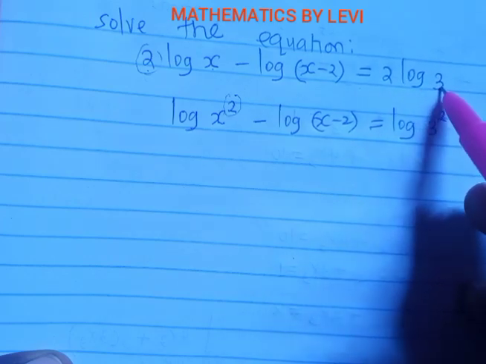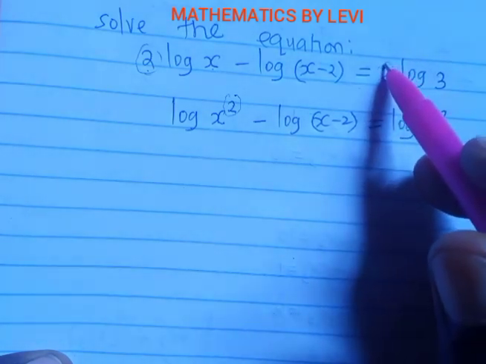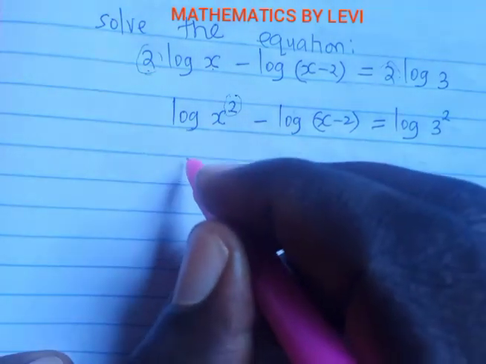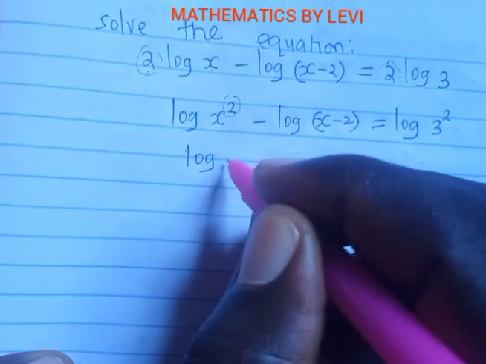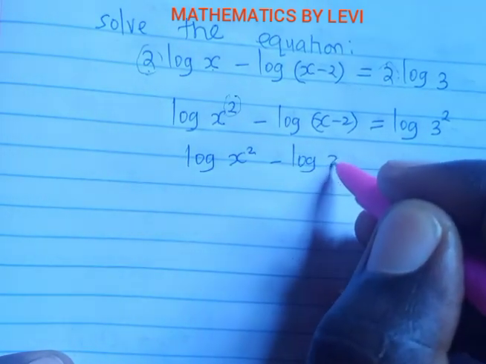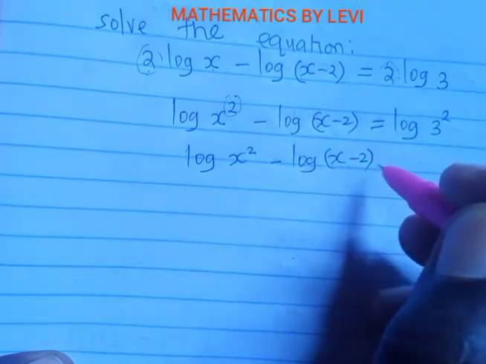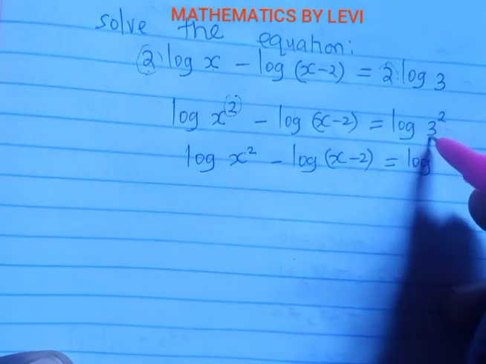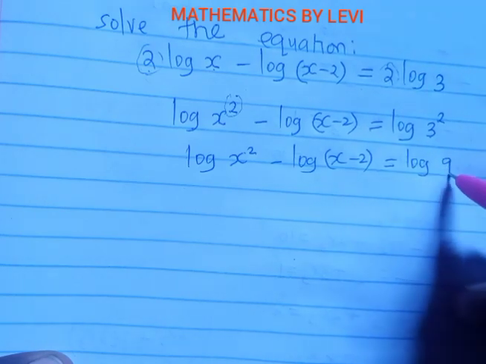Now, let us proceed to solve this. We shall have the logarithm of x squared minus the logarithm of x minus 2 equals the logarithm of 3 squared, and 3 squared is 9.